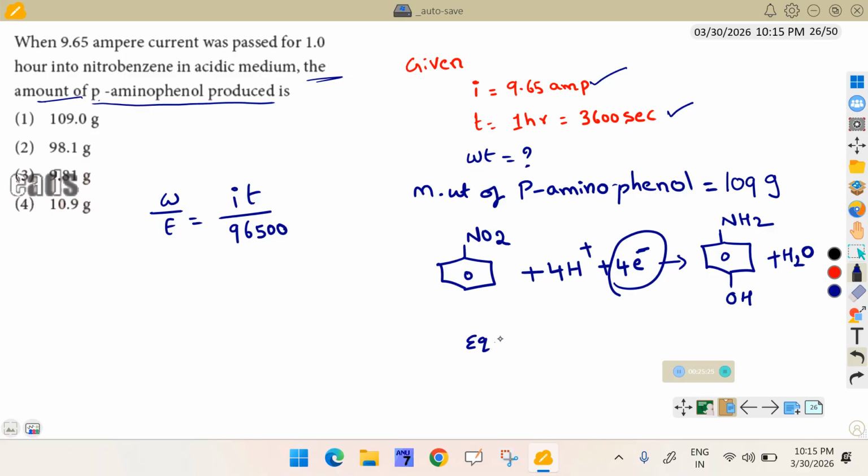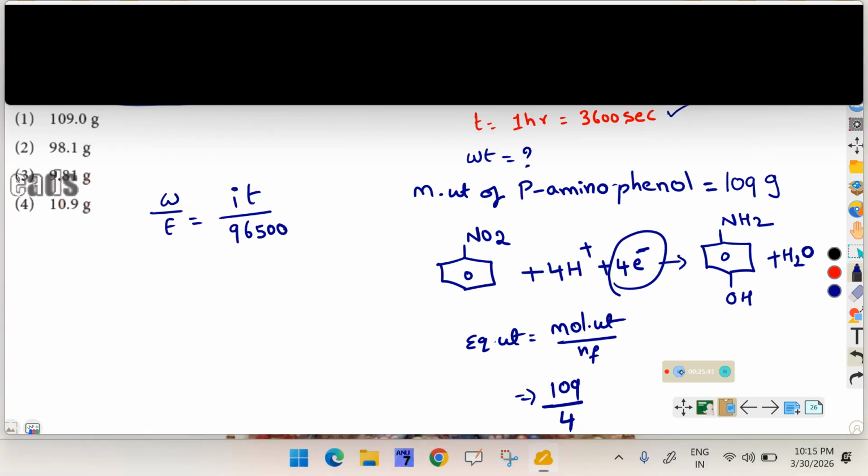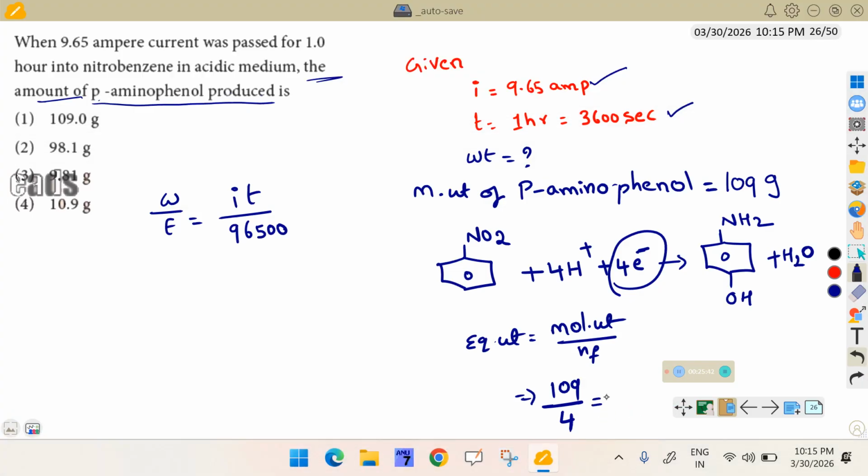Equivalent weight is equal to molecular weight by n factor. 109 divided by 4, then 27.25. 27.25 equivalent weight. Calculate the weight.